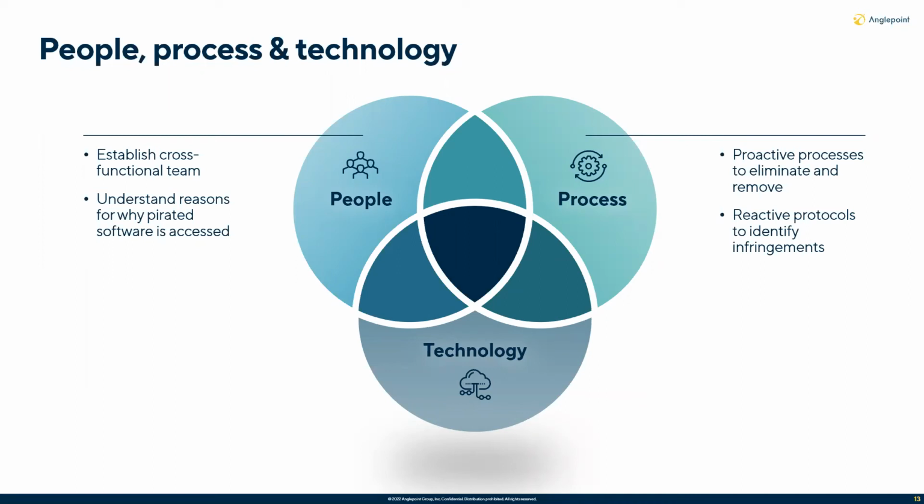Reactive processes include the steps that should be taken if a potential infringement is found, whether by internal means or if raised from the software vendor during an audit. The first step should always be to check and verify if the alleged pirated software is on the device, and we have experts who conduct this during the verification.